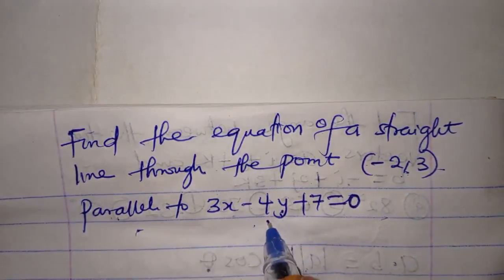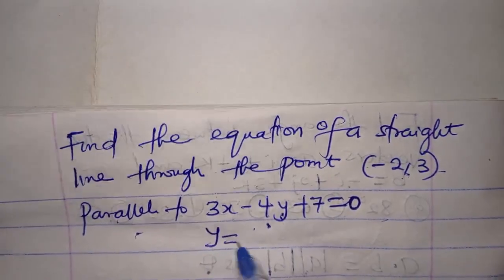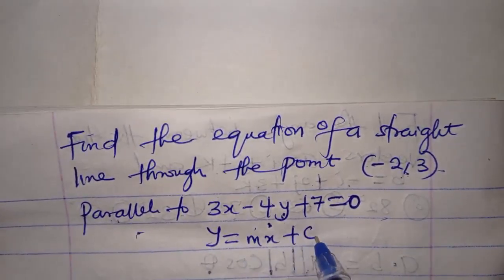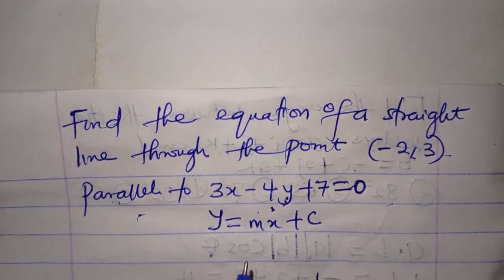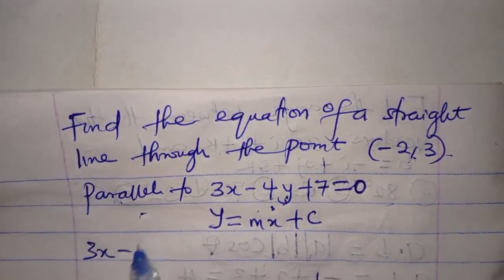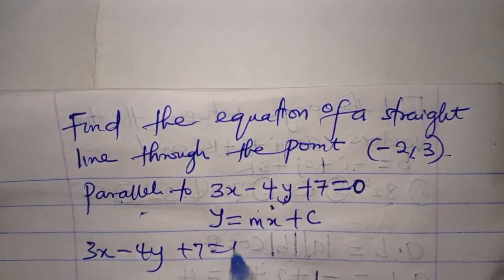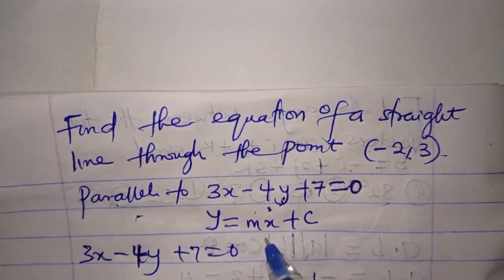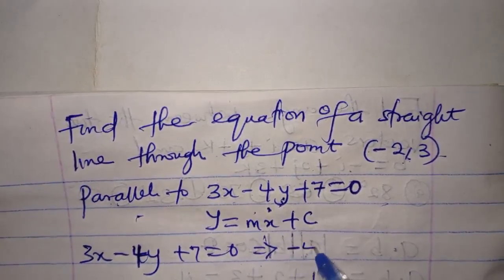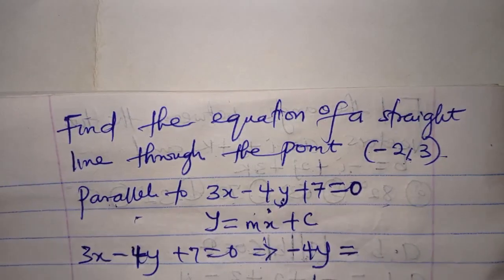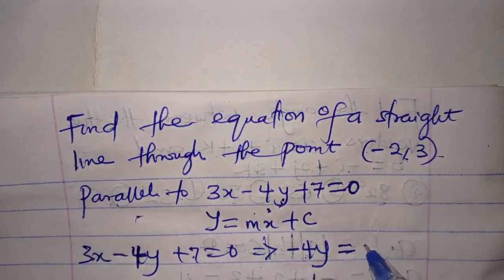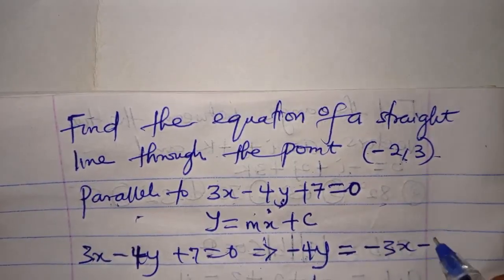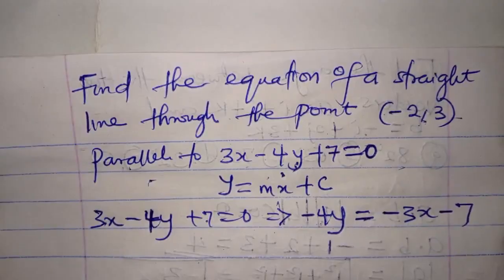We can write this equation in the gradient intercept form, that is y equal to mx plus c, where m is the gradient. So let us make y the subject of the formula here. 3x minus 4y plus 7 equal to 0. From here we have minus 4y is equal to minus 3x minus 7, as 7 and 3x cross and change sign.